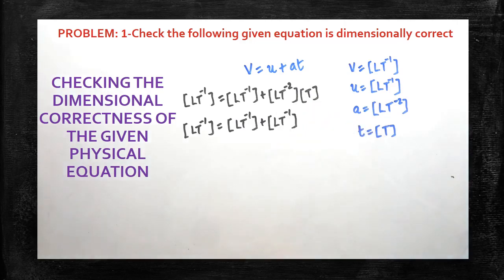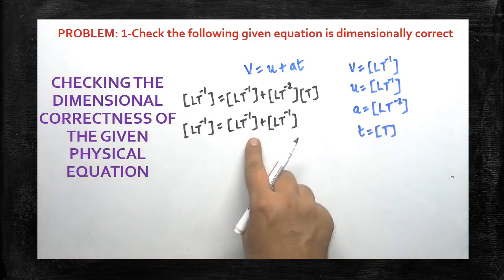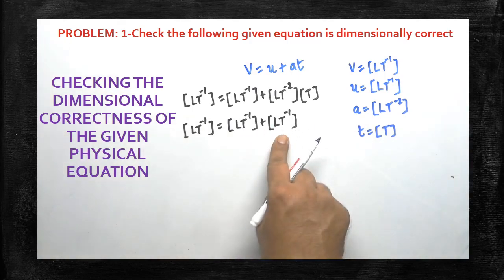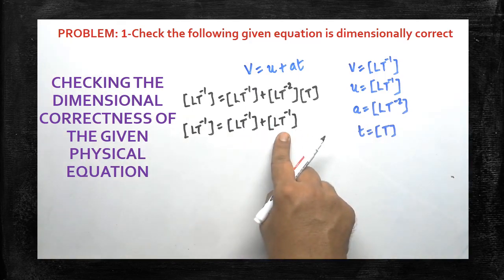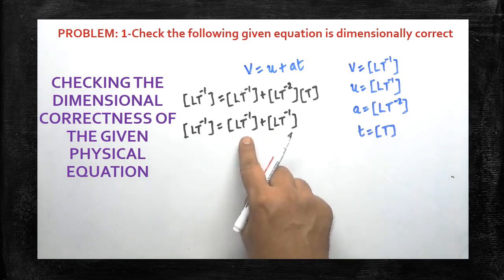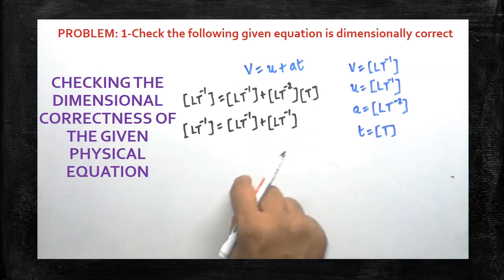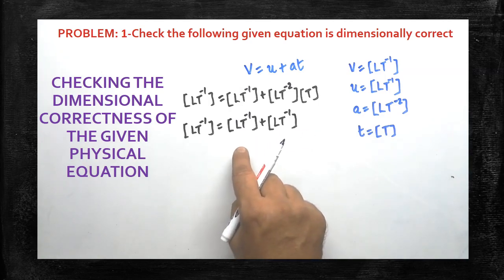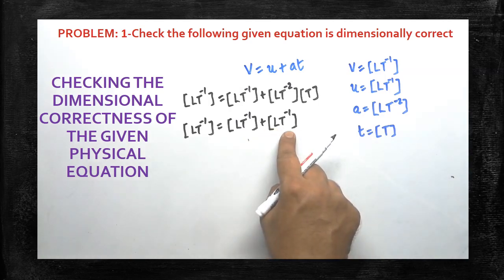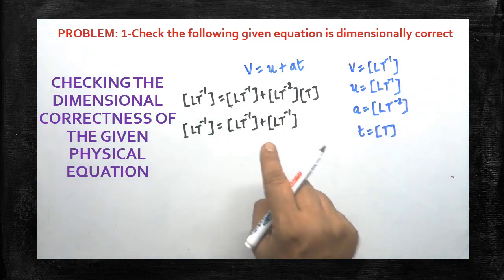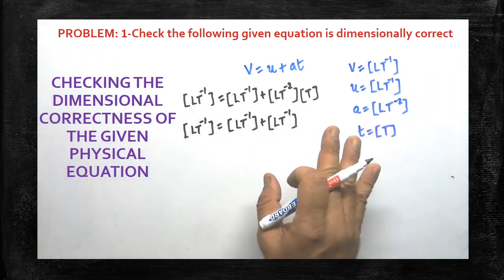Are you clear? The most important thing is, don't add both as you do in algebra. In algebra, if two factors are similar, you will add them. If x plus x is given, you will write 2x. Like that, don't write. You leave it as it is.